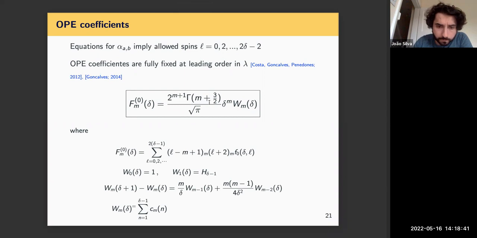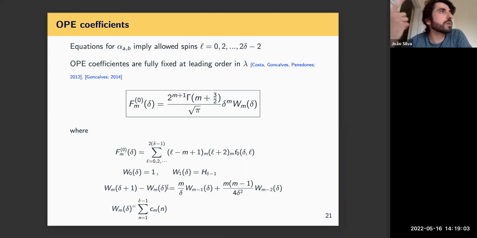So there is an f_m0, which is given by the sum of OPE coefficients, and the sum is equal to this function W, which obeys a recursion relation. W0 is 1, W1 is the harmonic number, and then W2 involves the harmonic number of degree 1 squared plus the harmonic number of degree 2.